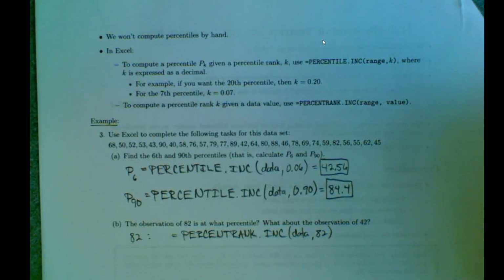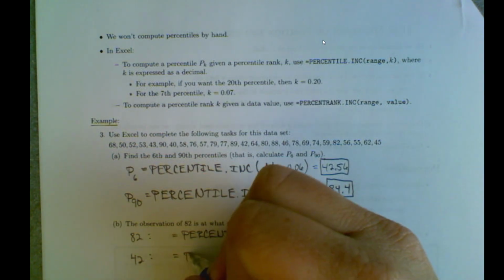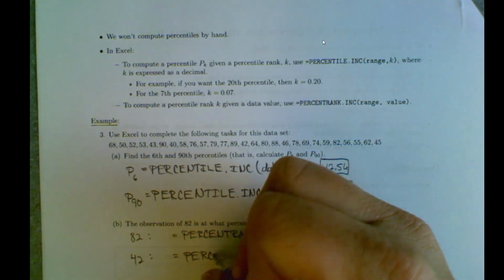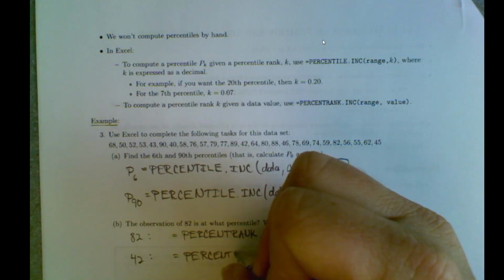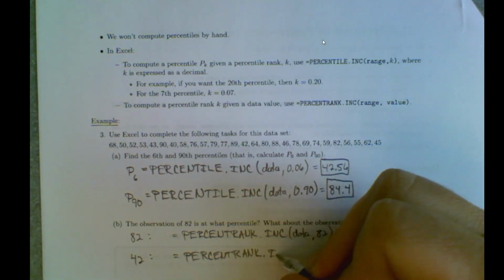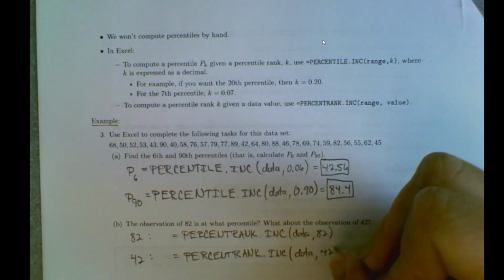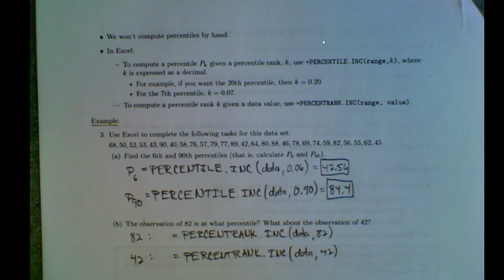For 42 I would do something similar: percent rank.inc, choose the data, and then enter in 42. Let's see what we get.